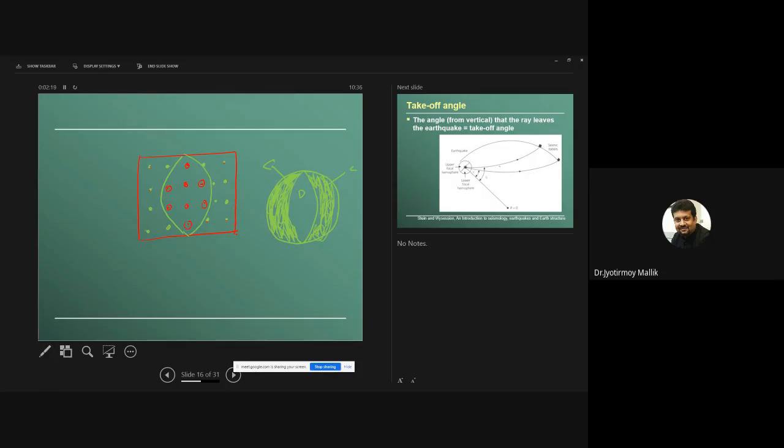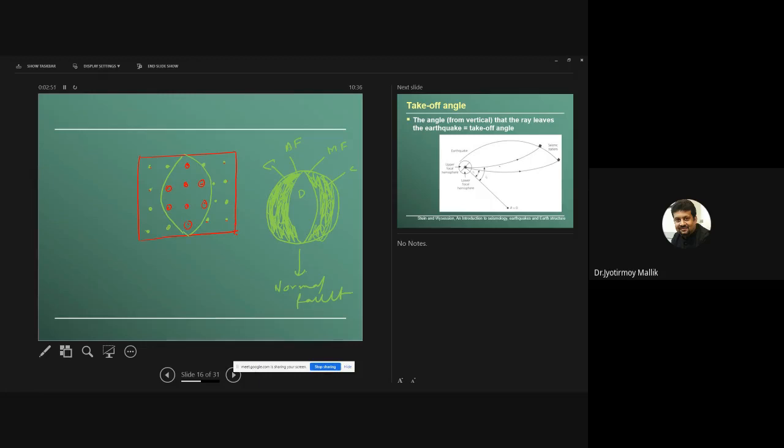So if I observe this pattern, I know this is due to a normal fault. The earthquake is due to a normal fault. And this is one plane, this is another plane. One of them is the main fault plane, the other one is my auxiliary fault plane. Now I don't know which one is the main fault and which one is the auxiliary fault.